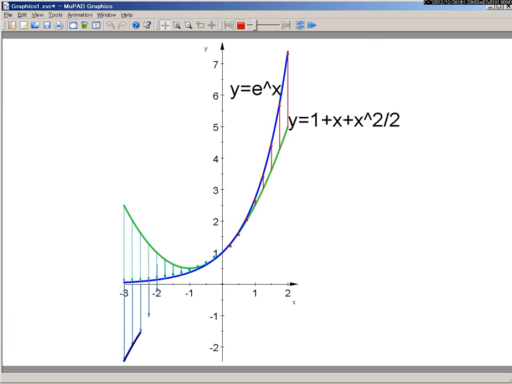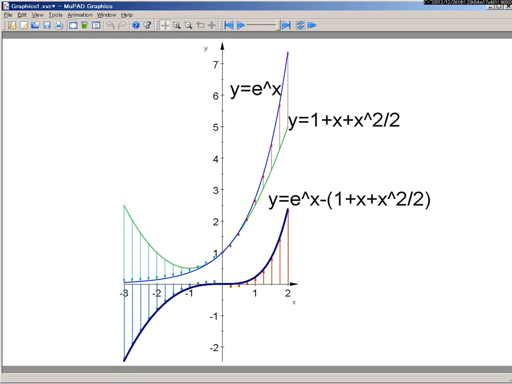First, we are drawing e^x minus (1 + x + x squared over 2). This is the third order residue. We subtract the second approximation from f(x), and we are going to compare this function with ax cubed.